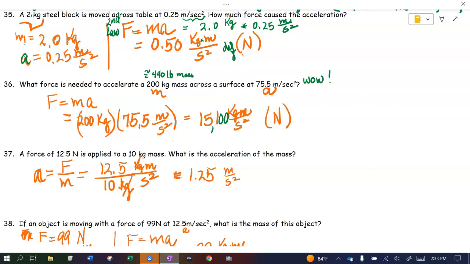All right, so 200 times 75.5, well, 2 times 75.5 is 151. And then there are these two zeros. I added those two zeros because we can't have more than 3 digits in any of our measurements, right? So since our answer can't have more than 3 digits, we have to use these zeros.